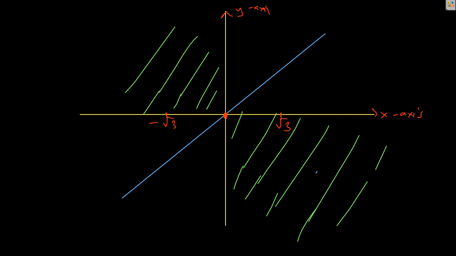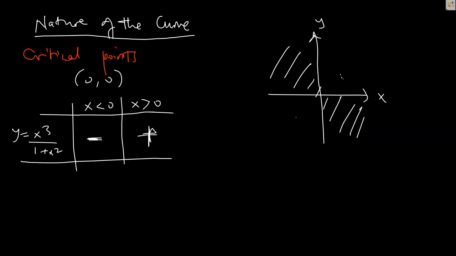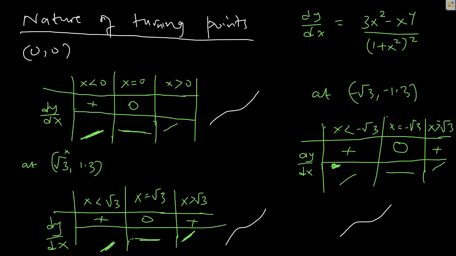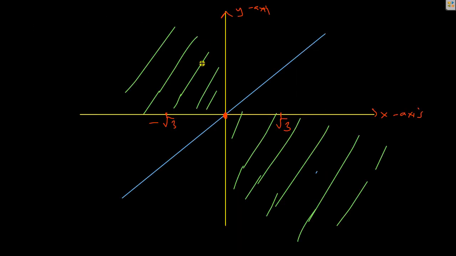Alright, so finally, let's now sketch the curve. So before we actually sketch the curve, the turning point here is, I'll show you that. On the previous page, we calculated this as, okay, let me just use this. Root 3, 1.3, negative root 3, negative 1.3. So let's indicate that.